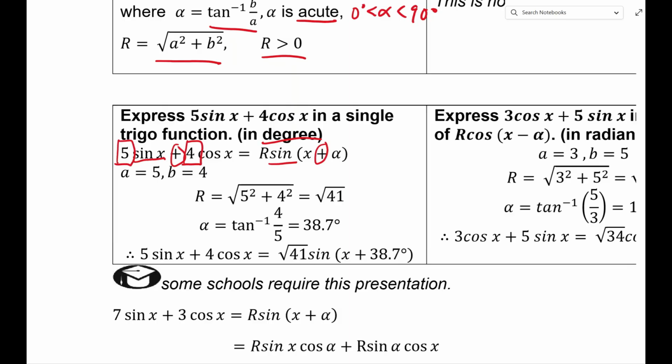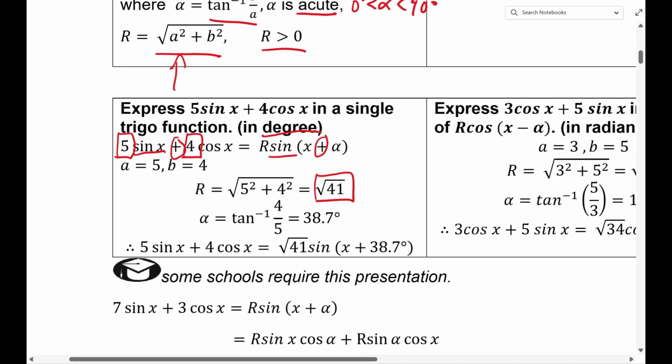And now we have to derive our R value and our basic angle. So for the R value, we'll use this formula and just plug in A equals 5 and B equals 4. Therefore, you will end up with square root 41. Now, please make sure to leave your R value in its exact form. So leave it in the square root. Don't use the decimal and round it up or down.